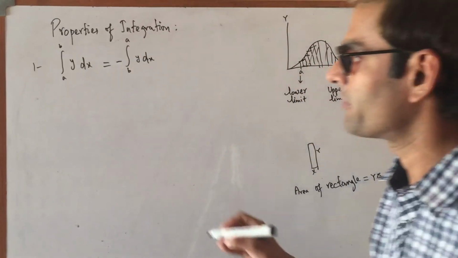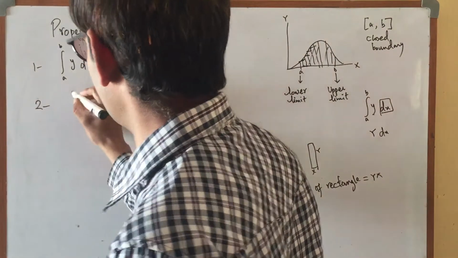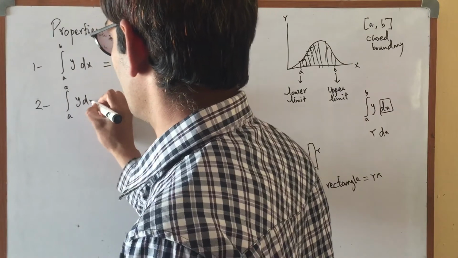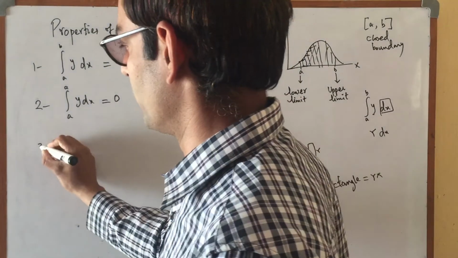The second property: if the lower limit and upper limit are the same, then the answer is 0.